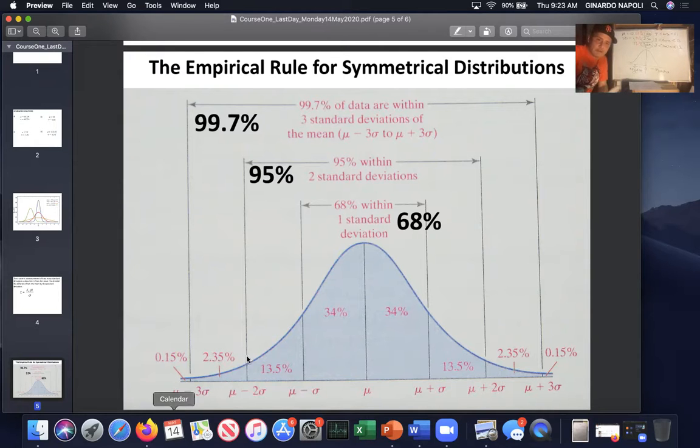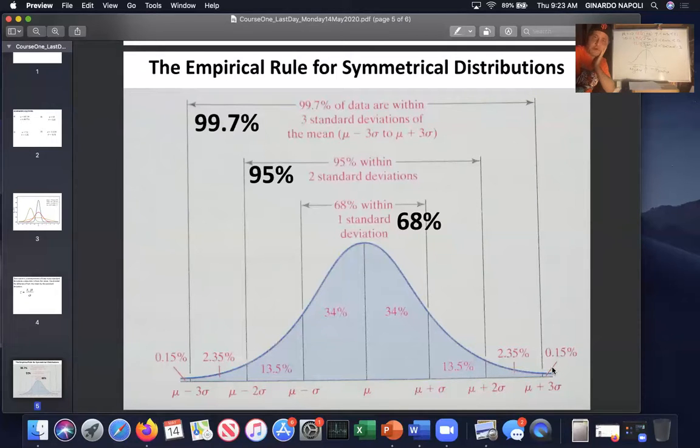Okay, and then notice they kind of did the little calculations of the percentages in between too, right? So you can get the 34 by dividing the 68 by 2, right? And then you know there's 50% above. So you can calculate this by subtracting 34 from half of the 95.